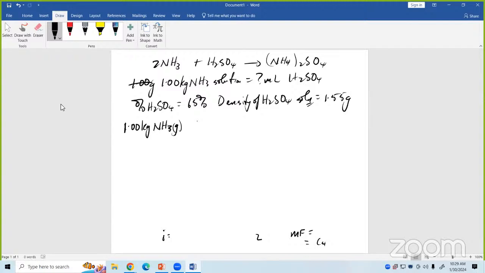So what I would do first is convert this to grams. So I would multiply by 1 kilogram of ammonia down here and 1,000 grams of ammonia above. Then I will convert that to moles.